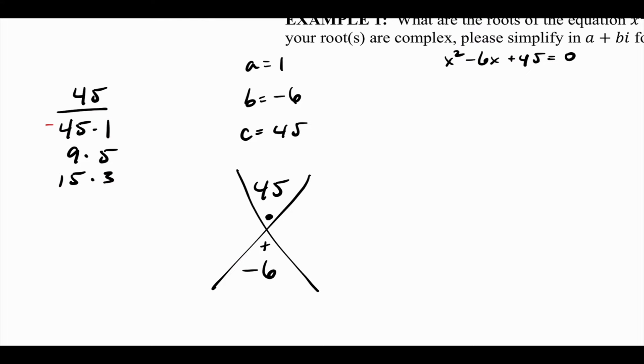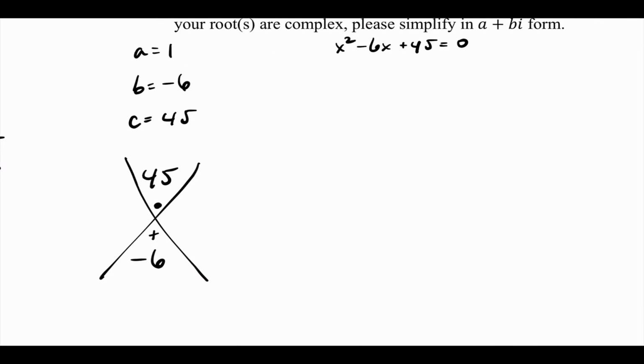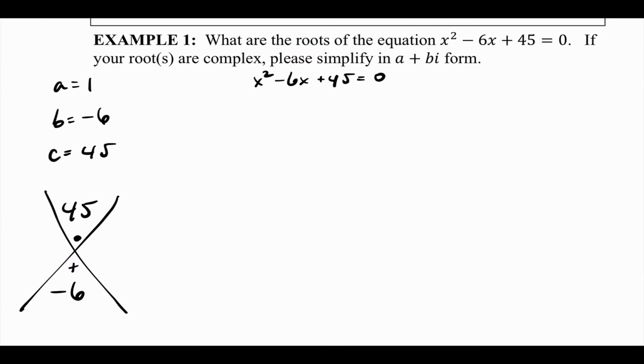I can change that by putting negatives, because it still makes positive 45. But even then, this one makes negative 46, this one makes negative 14, this one makes negative 18. That doesn't make negative 6, right? So that doesn't work. So we have to use the quadratic formula. That's why we have the quadratic formula, when things don't work out the way we want them to.